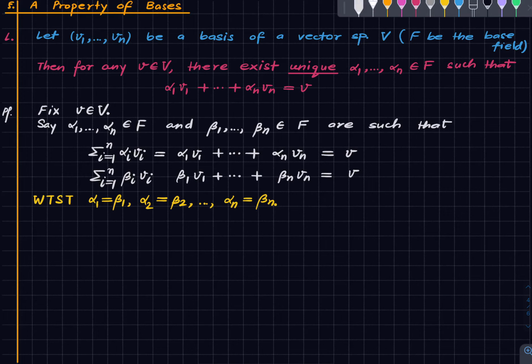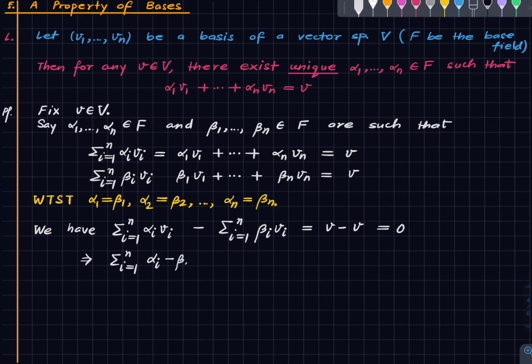So we have this thing minus this thing is v minus v, which is 0. Okay, great. But what is the left-hand side? The left-hand side is also that, and hence this is 0.